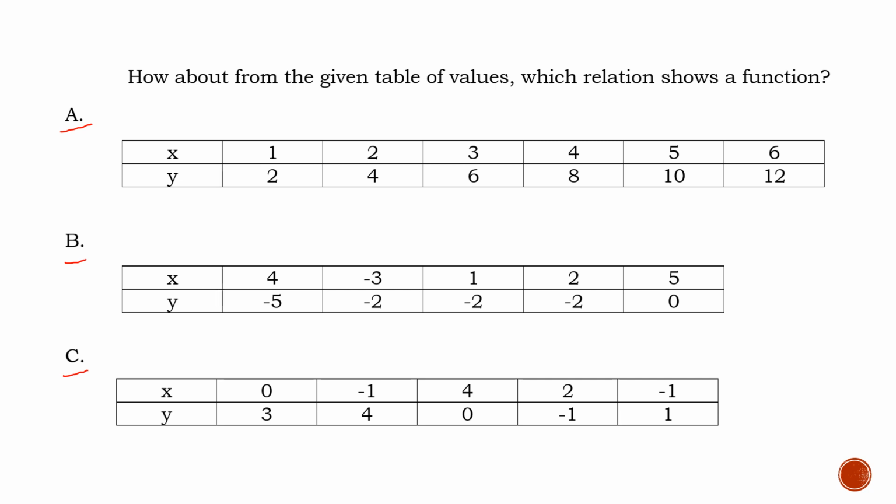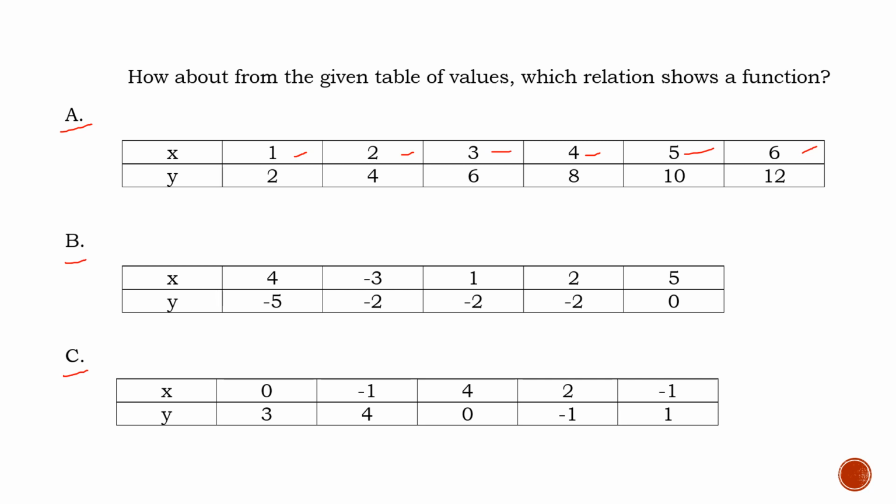For your letter A, there is a given table here. There are given values of x, which are 1, 2, 3, 4, 5, and 6. By simply looking at the values under this table, there is no repetition of x values, meaning there is a one-to-one relationship between your x and y values here.